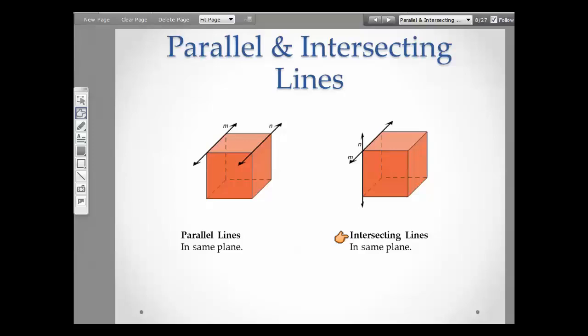Intersecting lines are also in the same plane, because their point of intersection is in the same plane. Now, line N can be defined as being in the front face plane right here. Line M can be defined as being on this plane, but their point of intersection is on the same plane.